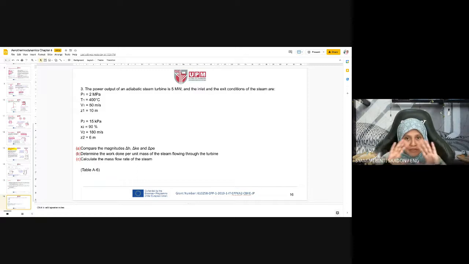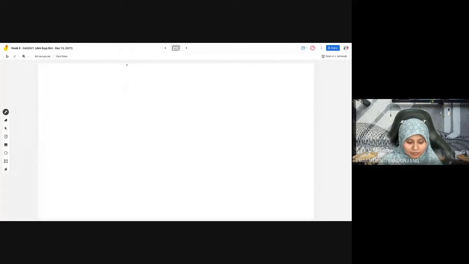Okay, so from the energy balance, since we already have enthalpy, kinetic and potential, we can derive the work. Just use the energy balance equation and put the values back into it.